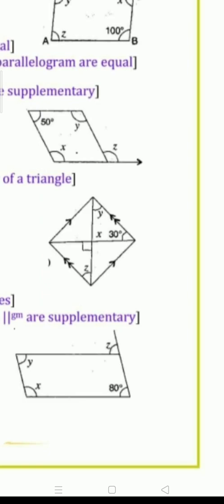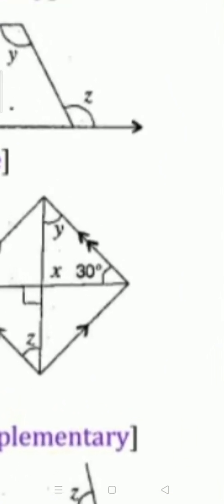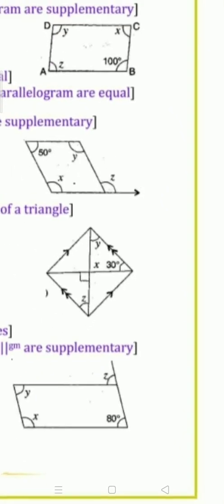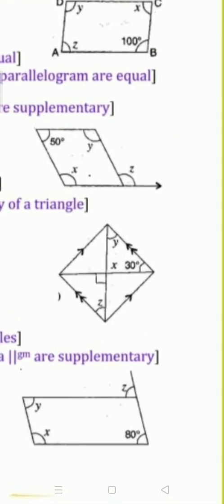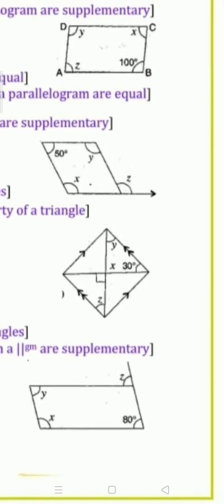Now if you take this small triangle, where you can see 30 is given, y is given and x is given. You know the value of x is 90. You know 30 is already given. Can't you find the third angle? Yes. By what reason? Angle sum property of a triangle, that is all three angles together should be 180 degrees.